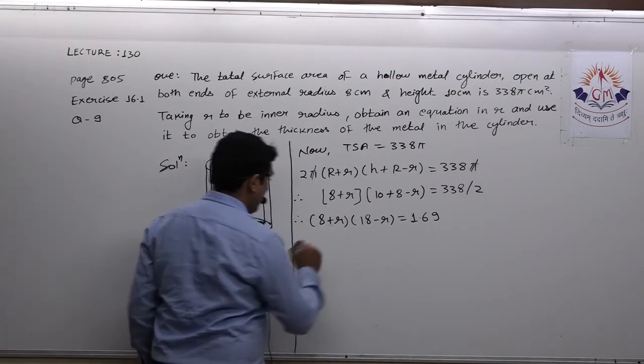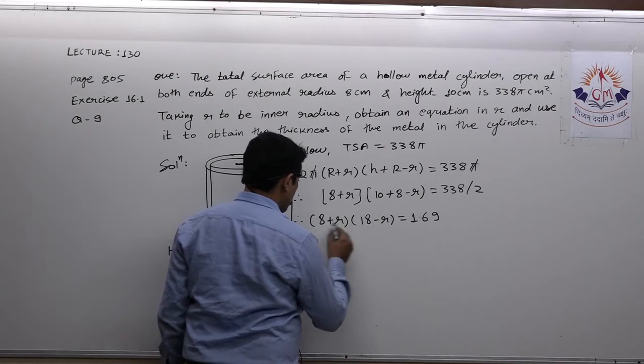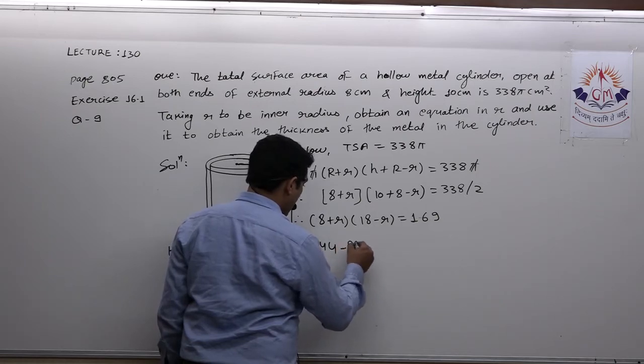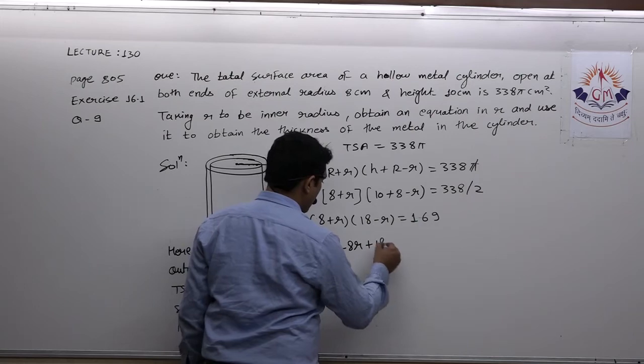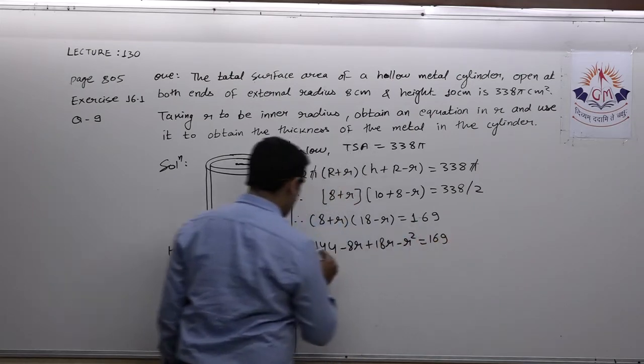Okay, now here I have to multiply. 144 minus 8r plus 18r minus r square is equal to 169.